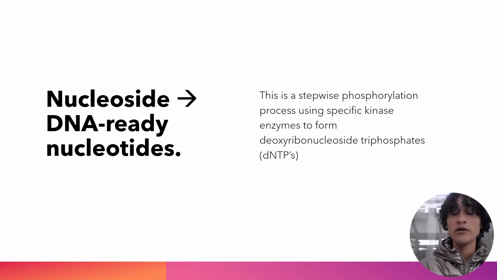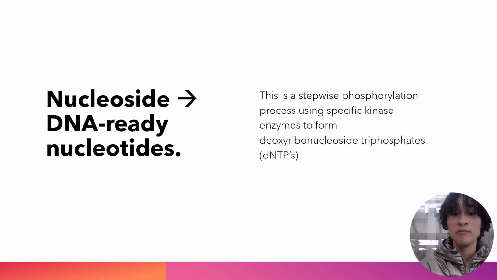But this process is a stepwise phosphorylation process, and specific kinase enzymes are required for it to happen. They catalyze this chemical reaction. Altogether 3 phosphate groups are added to the nucleoside. But just to avoid confusion, a mononucleotide only has 1 phosphate group.